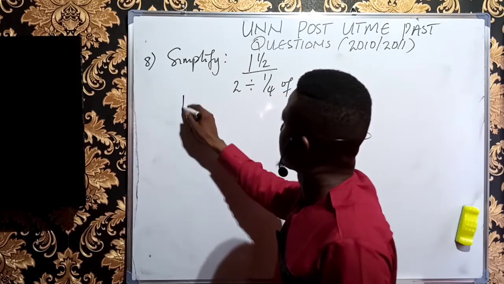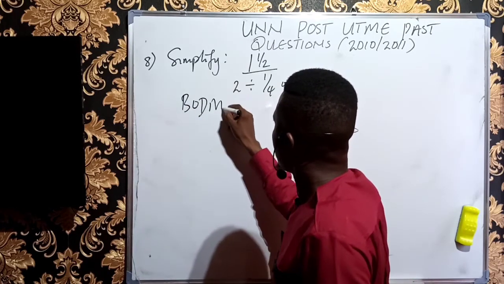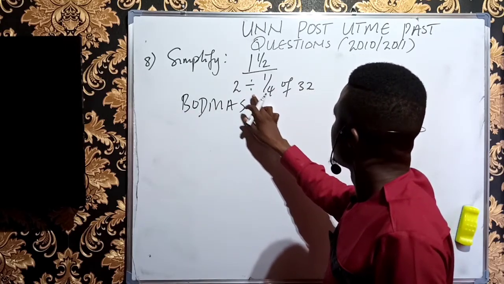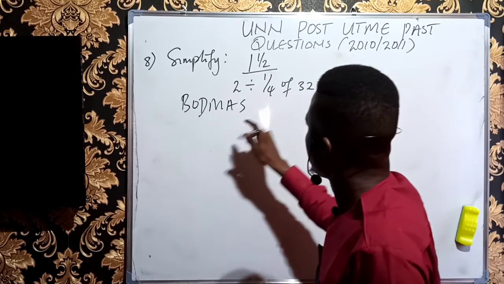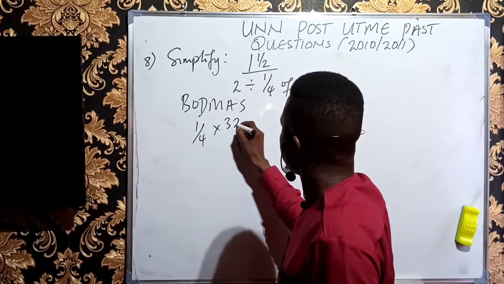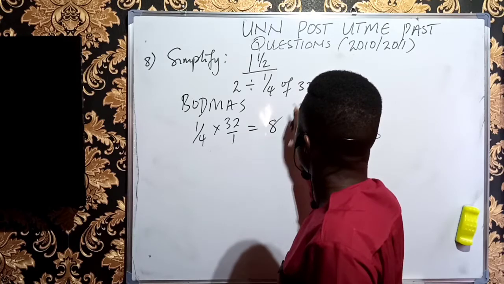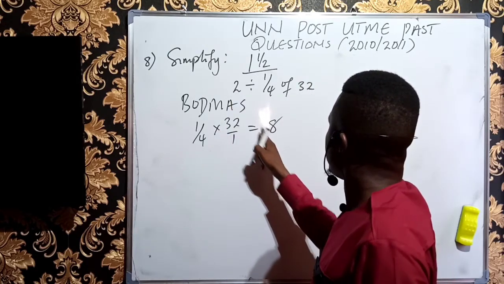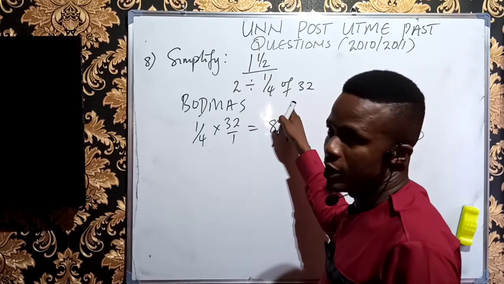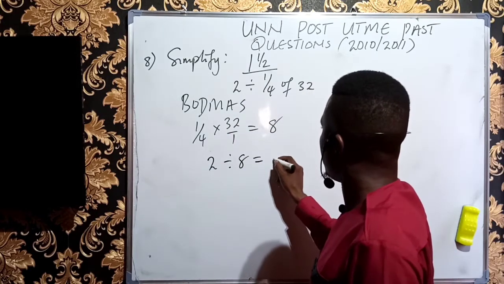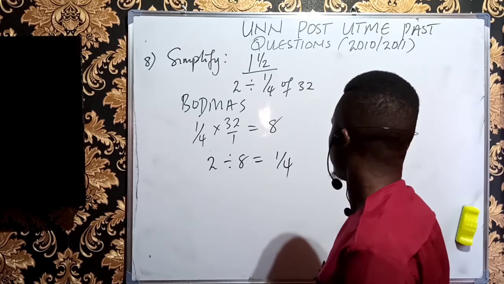But in BODMAS we have of before division. So let us find 1 over 4 of 32. So 1 over 4 of 32 means 1 over 4 times 32 over 1. This will give us 8. Then 2 will now divide 8 because we have 2 divided by the value here. So we shall have 2 divided by 8, which is 1 over 4. That's what it will give us.